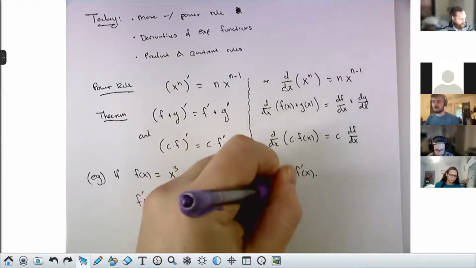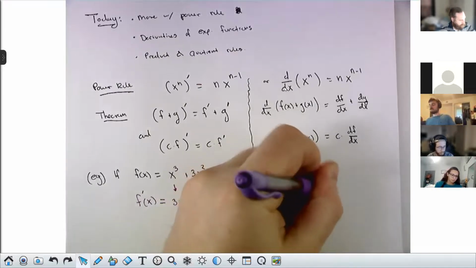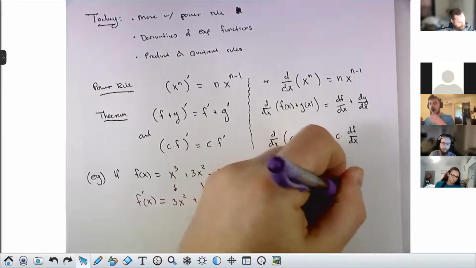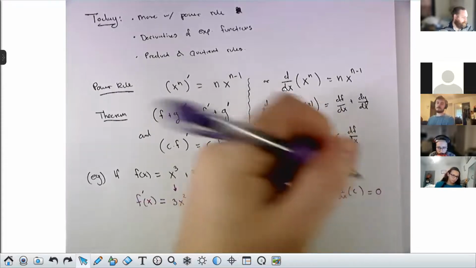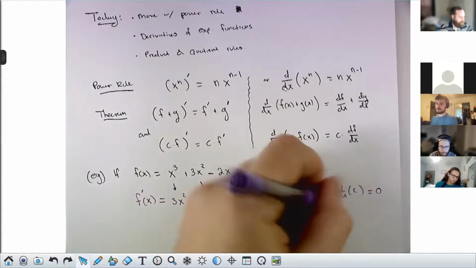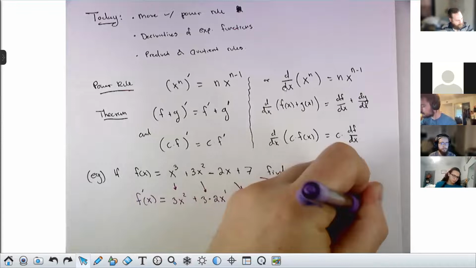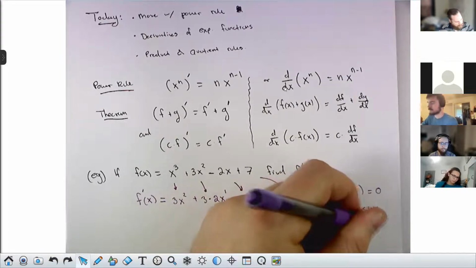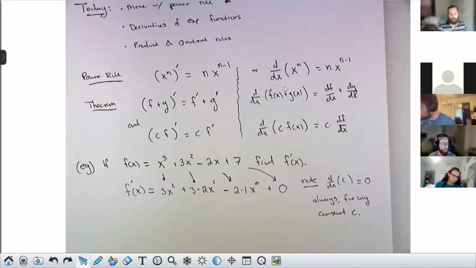So a fun little note here, associated just with that last piece: the derivative of a constant on its own, not multiplying some power of x, is always 0. So for any constant c, the derivative of c is 0.